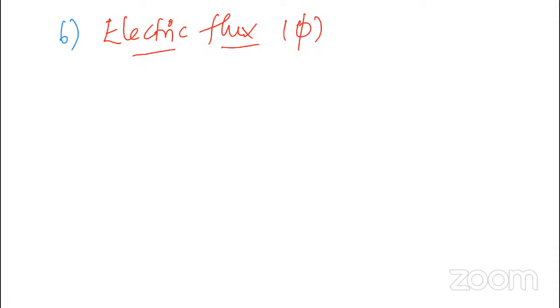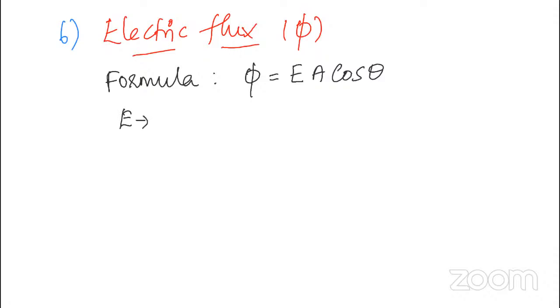So now write the formula for calculating electric flux. That is phi is equal to E A into cos theta. Here E is nothing but electric field, and A is nothing but area.